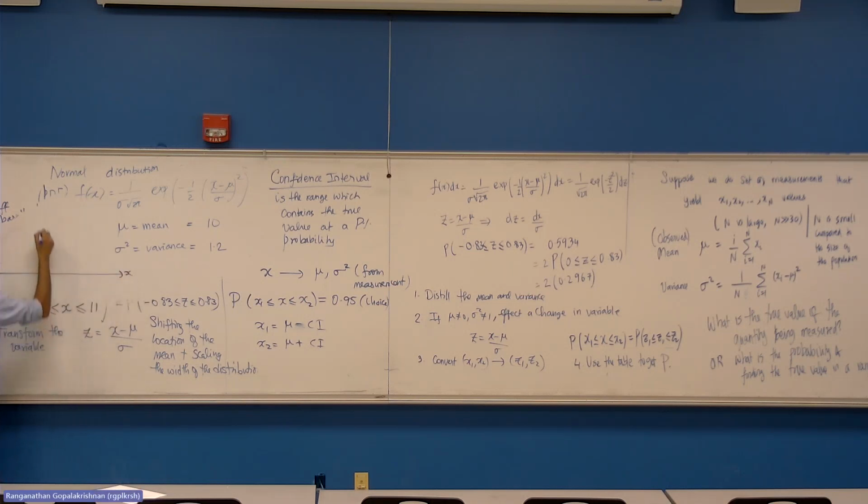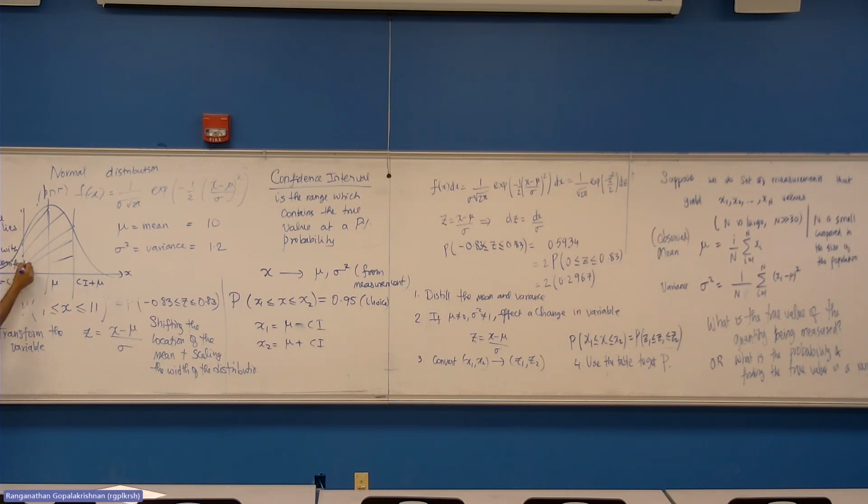So I have x, I have mu, I have this bell curve, I have mu plus CI, and I have mu minus CI, and I want to say the true value lies between mu plus or minus CI with P equals 95% confidence.